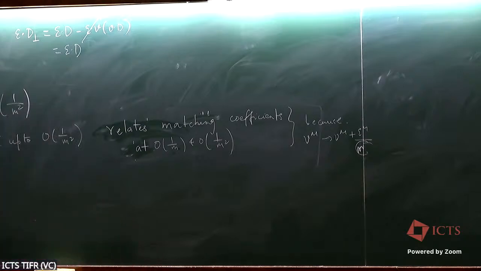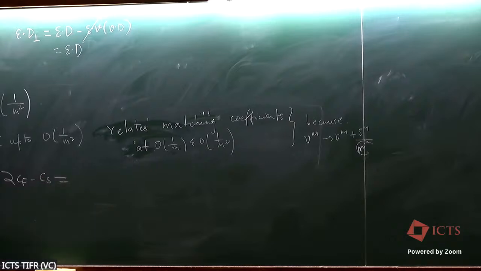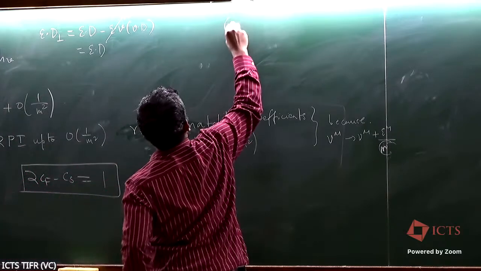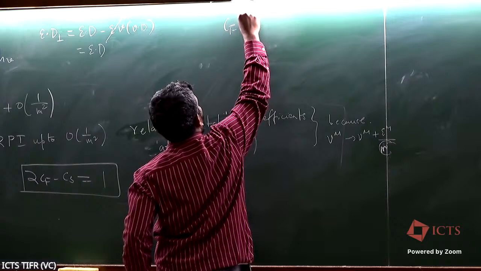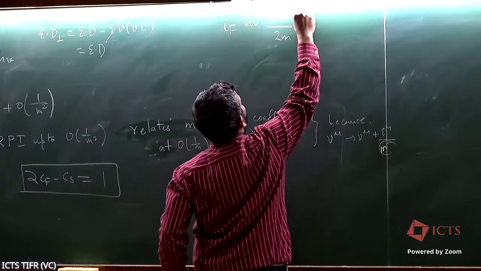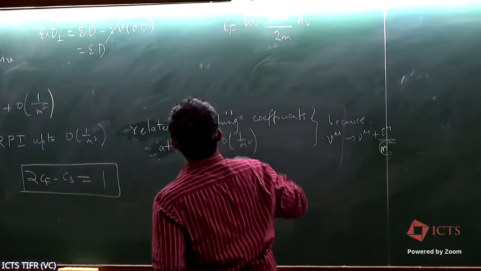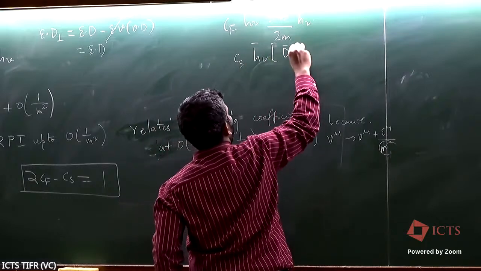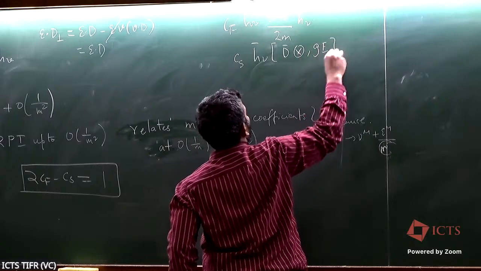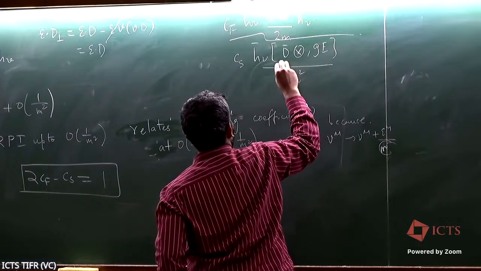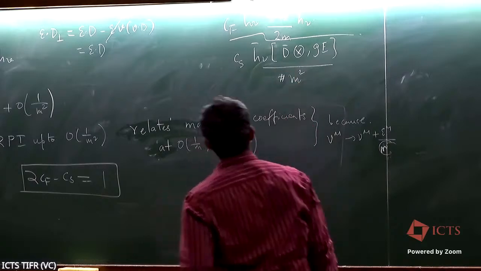So one such condition that comes up is 2C_F minus C_S is 1. Just to recall, C_F was the term like h bar v sigma·B by m h_v. C_S was the term corresponding to h bar v D cross gE by 8m squared, probably, or you can check, I don't remember the number here.